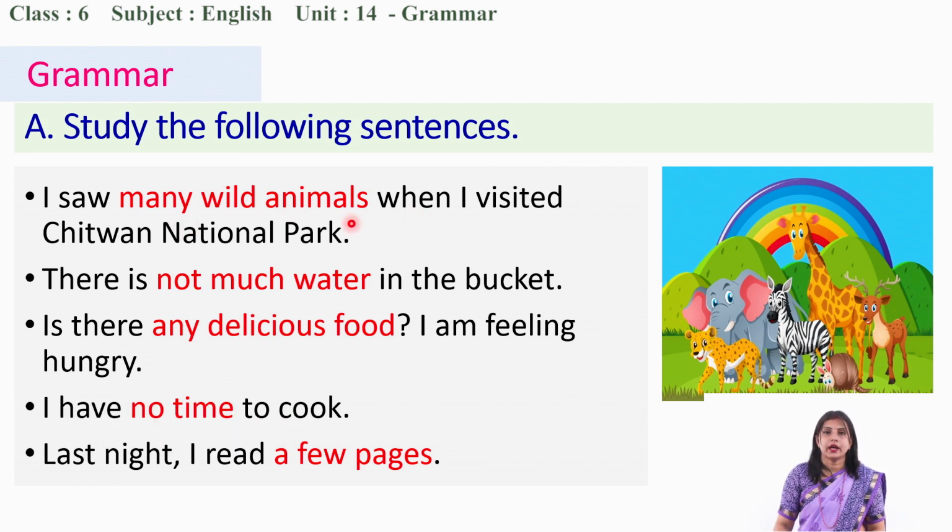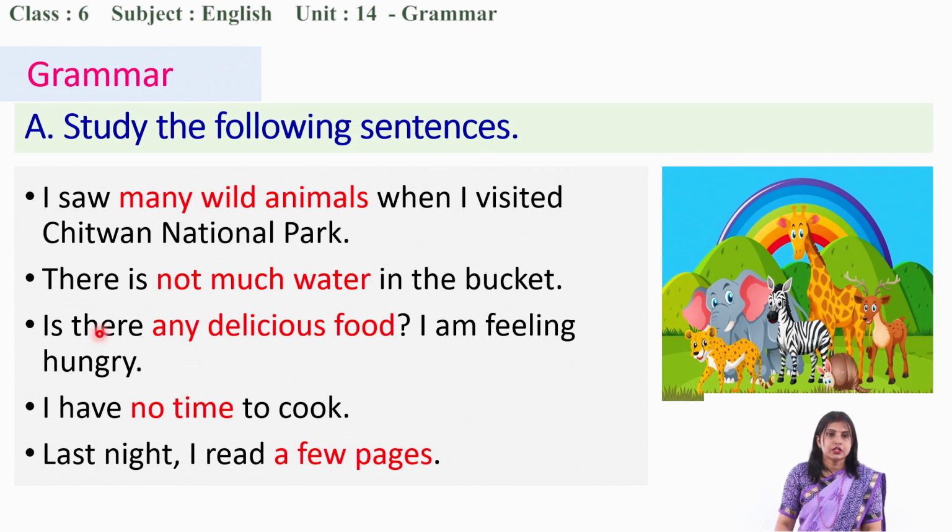Many wild animals. You see wild animals, can you count them? Yes, we can count them. Very good. So what has been used? Yes, many has been used because wild animals are countable.